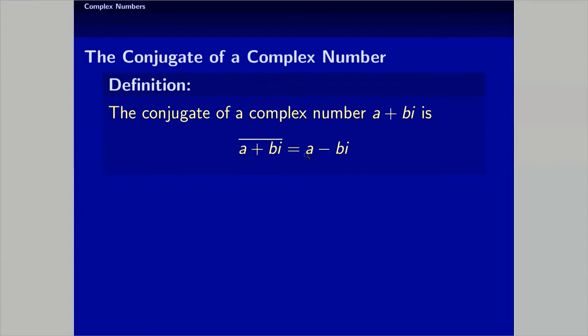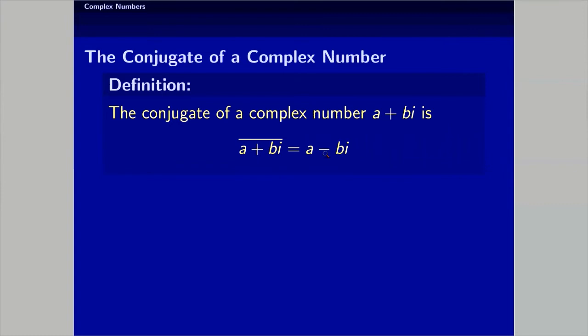It is a minus bi. So, it's easy. Whatever the sign of the imaginary part is, you change it. If it's plus, you make it negative. If it's negative, you make it positive. Only the imaginary part's sign is changed.